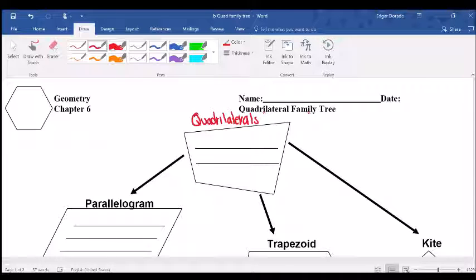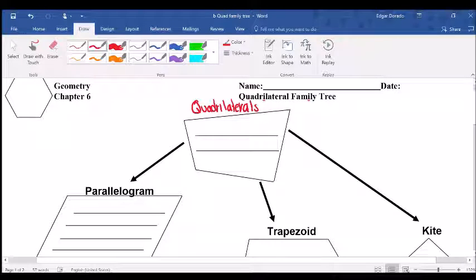So again, this is going to branch down. Everything under this top portion is going to be considered a quadrilateral. However, the characteristics that are going to come up a little bit later on are going to make these each distinct in their own special way, okay? But one thing that all quadrilaterals have right off the bat is this.